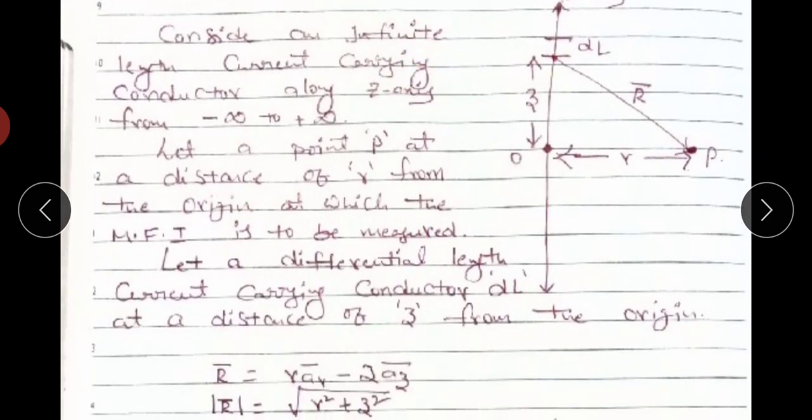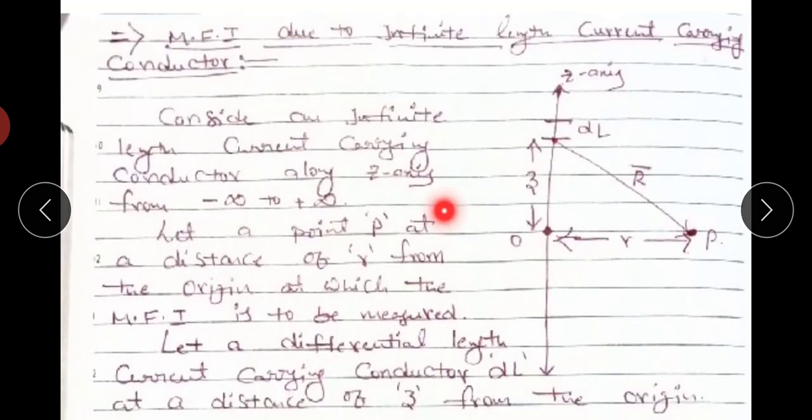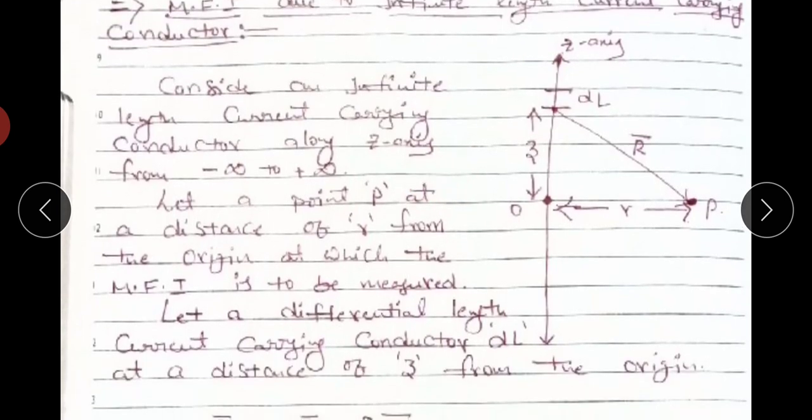Let a point P be at a distance of r from the origin, at which the magnetic field intensity is to be measured. First we find the differential magnetic field intensity at point P. Next, by integrating it we find the total magnetic field intensity. Then, using the relation between B bar and H bar, the magnetic flux density and magnetic field intensity, we can find the magnetic flux density expression.